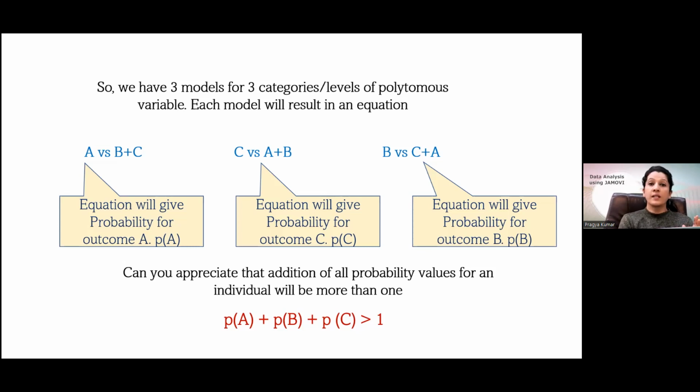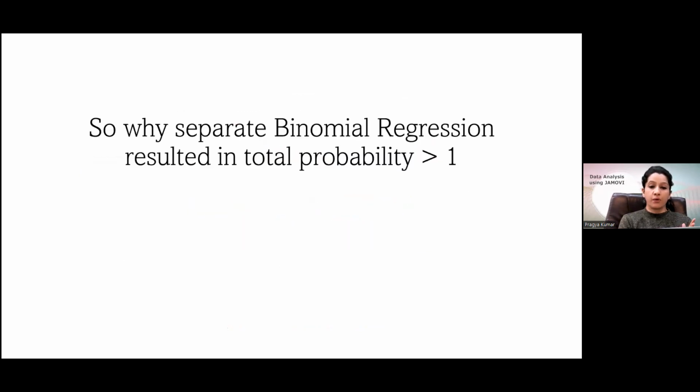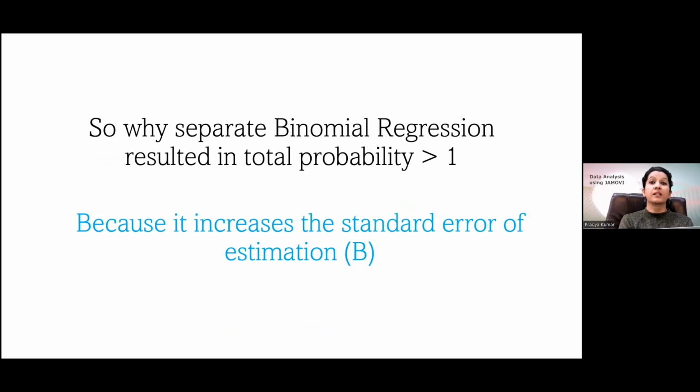But we know that probability cannot be more than 1. Why is this there? Because when we run separate binomial regressions of a multinomial variable, it results in a total probability of more than 1, because it increases the standard error of estimation, which is the beta.